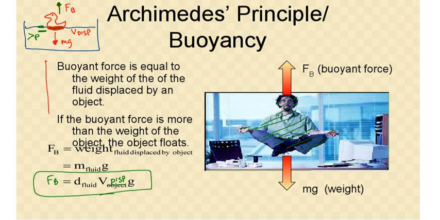Let's do one of these real quick. These are kind of fun to do. Let's say that a log has, let's see, how do we want to do this? I could just give you the volume. Let's say 0.8 cubic meters underwater.